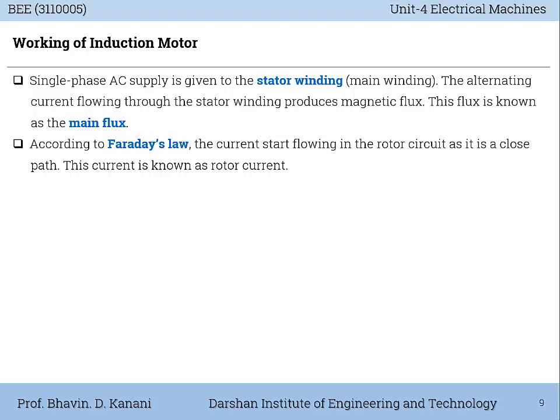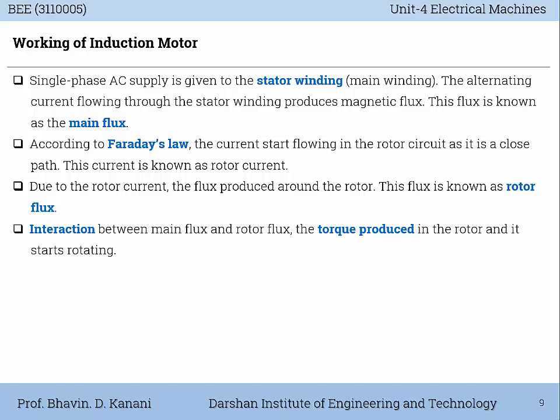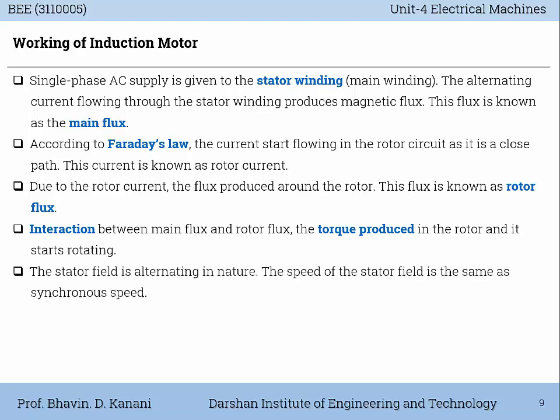This current is known as rotor current. Due to the rotor current, flux is produced around the rotor. This flux is known as rotor flux. Due to the interaction between main flux and rotor flux, torque is produced in the rotor, and it starts rotating.